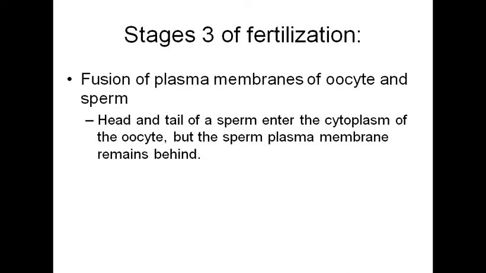So the head and tail of a sperm enter the cytoplasm of the oocyte, but the sperm plasma membrane remains behind. सारा content sperm का it will be poured deep inside into the ova. उसकी जो बाहर की एक मेम्ब्रेन है वो खाली पीछे रह जाएगी. राइट. उसके साथ ऑर्गेनल्स भी रह जाते हैं.